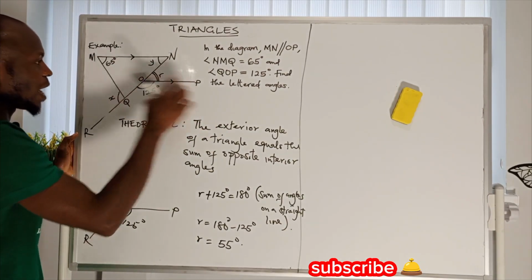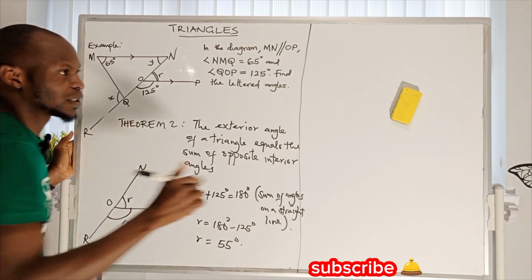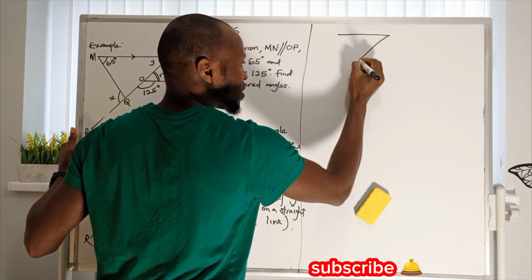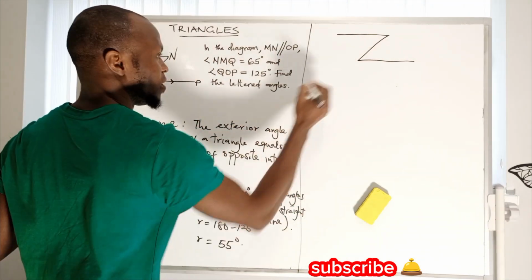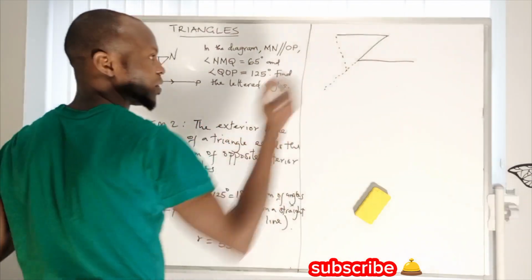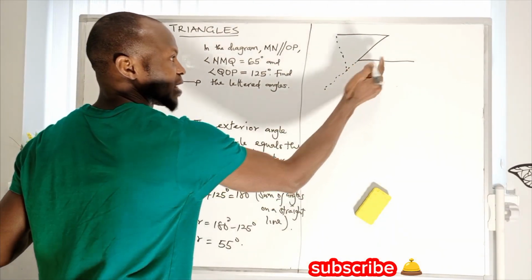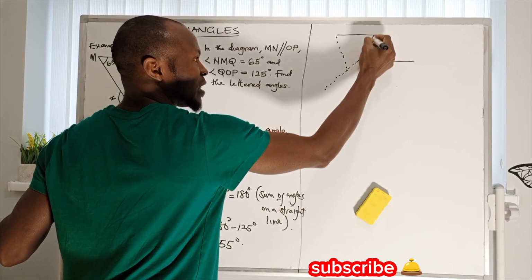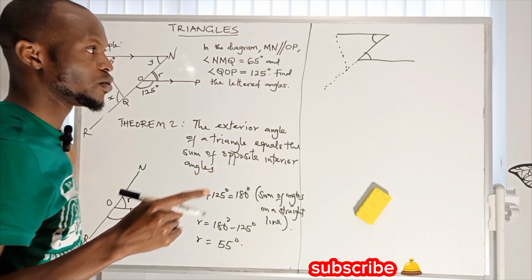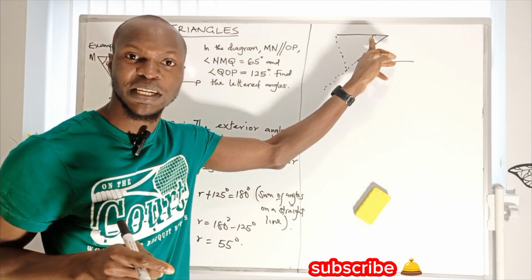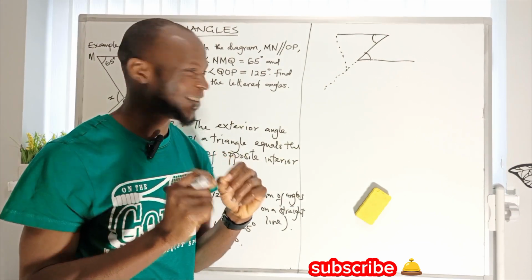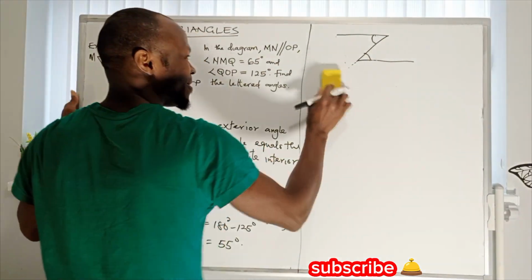If you check this diagram, you can see something like a Z. So this angle and this angle will be equivalent. From our previous video, we said these are alternate angles. So alternate angles will be equal.